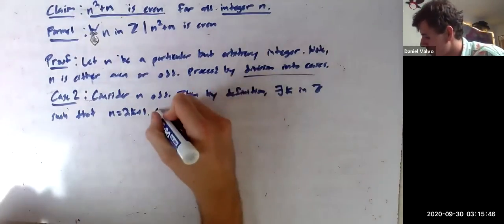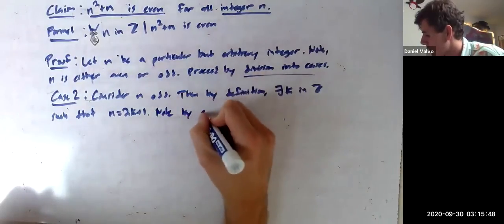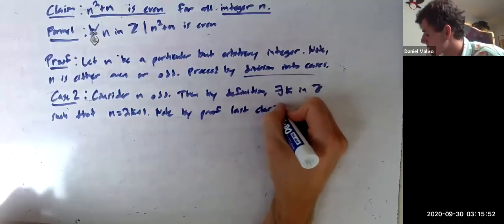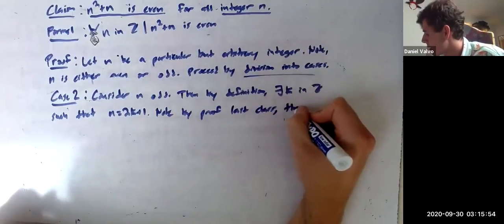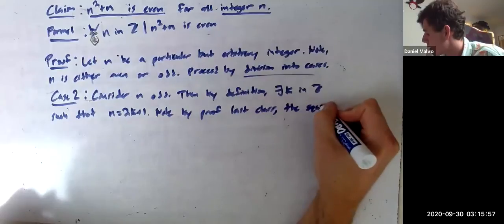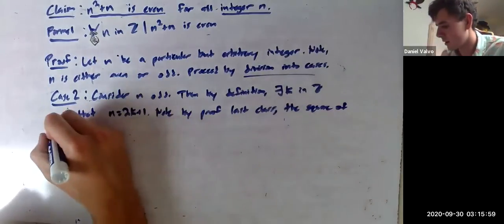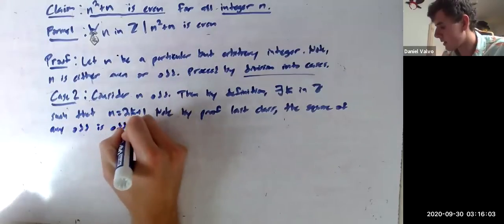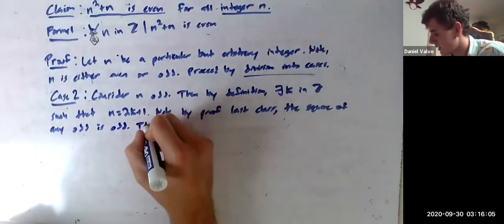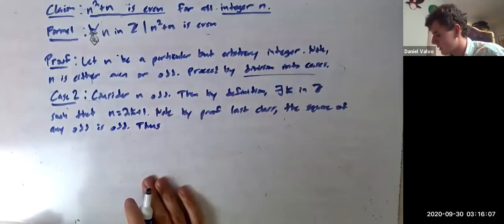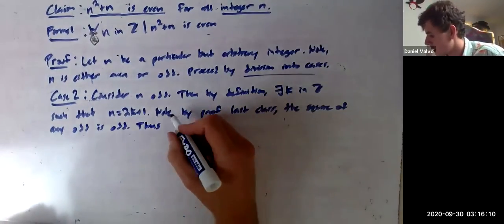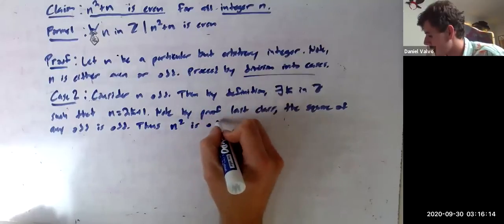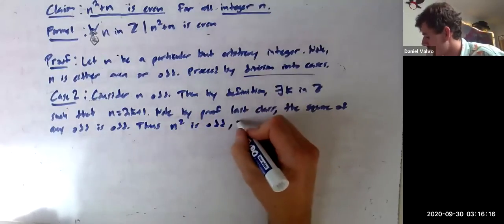So note, by proof last class, the square of any odd is odd. Thus, n squared is odd.